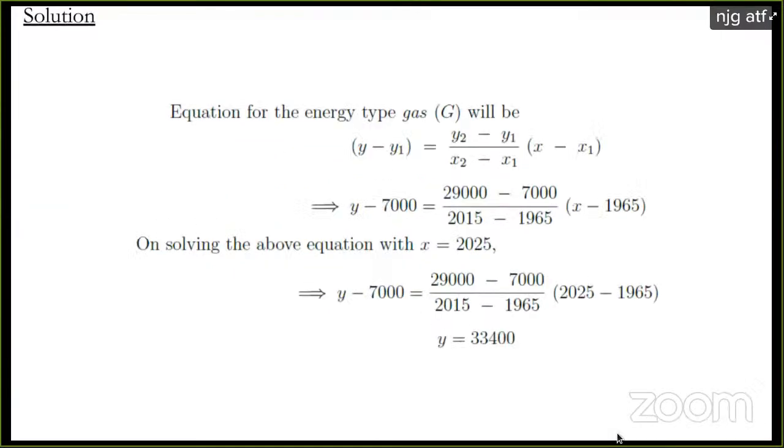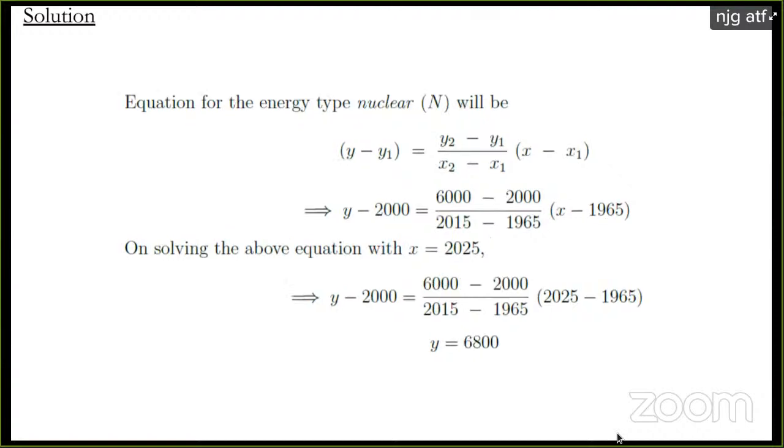In the same way you calculate for energy type gas, and after substituting x equal to 2025, you will get something like 33,400. These are pretty calculative stuff you need to calculate. And for the equation for energy type nuclear, basically from the data you get points x1, y1 and x2, y2.